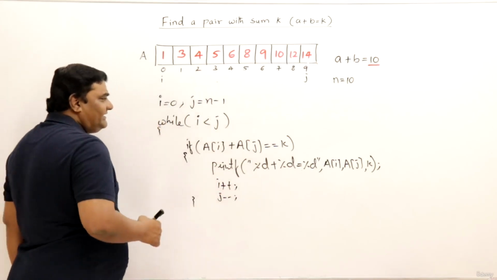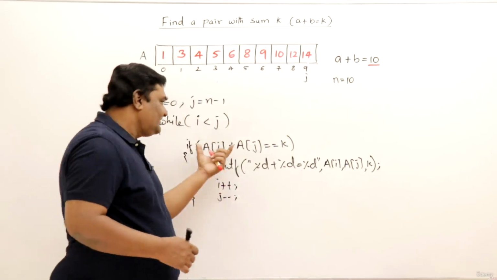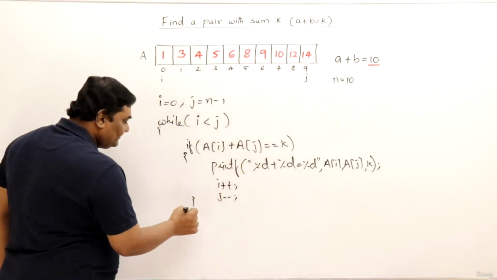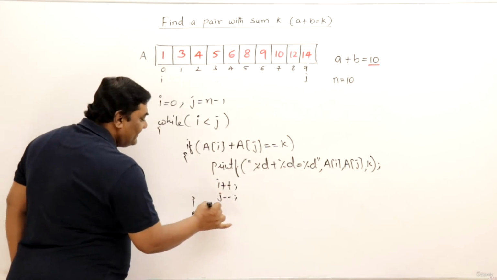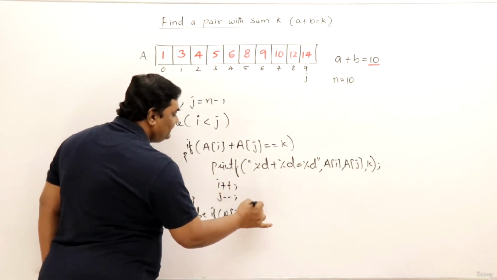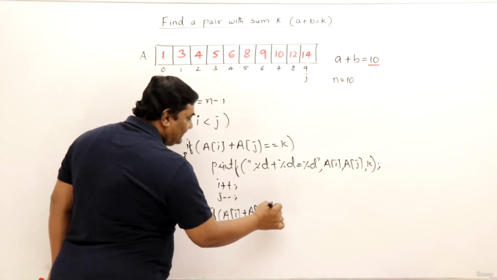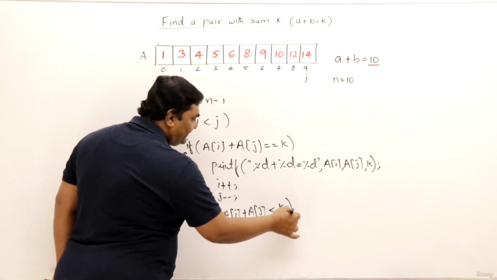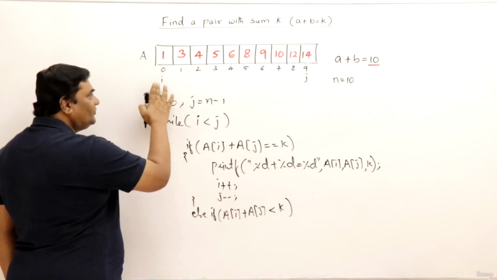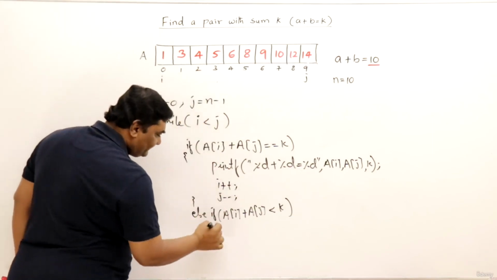Then, second case, if they are not equal, then this total may be greater or smaller. So I will write else if a of i plus a of j is less than k. If it is less, it means the number is smaller, so I should go to the bigger number. So i plus plus.